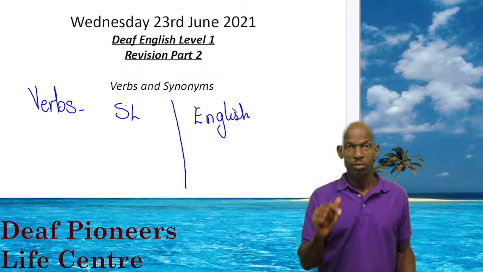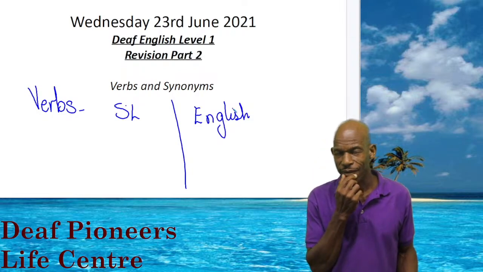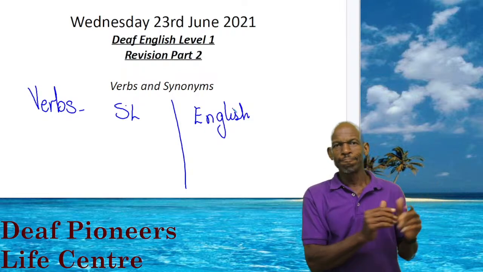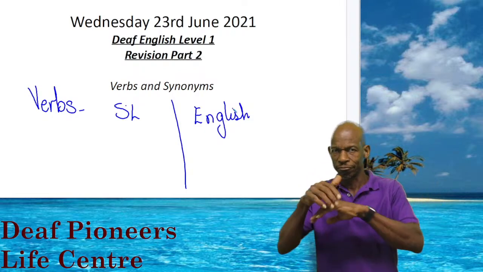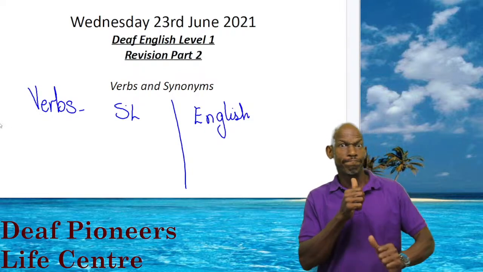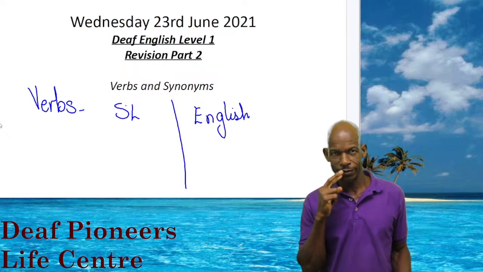Verbs, we have verbs in sign language, and we have verbs in English. Now in English we have two types, so we're going to look at the first common type, which is action. When we're doing action, we use the drama sign.